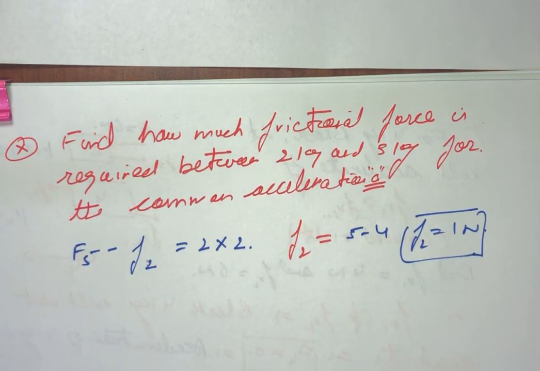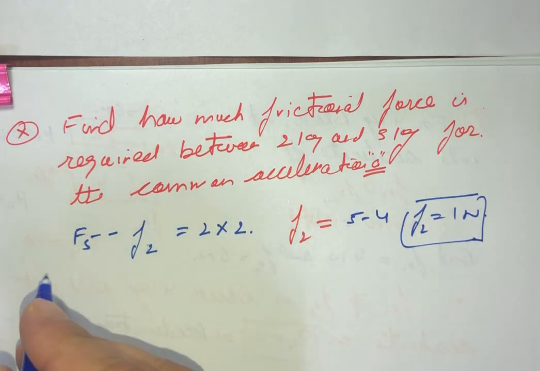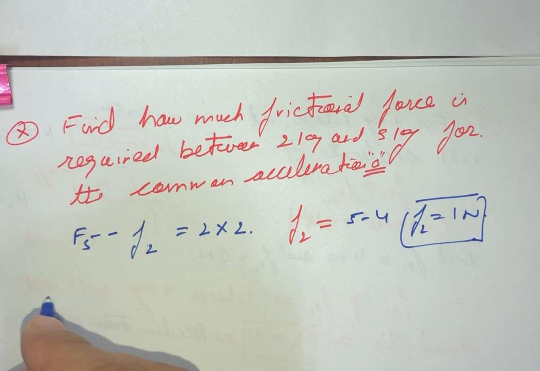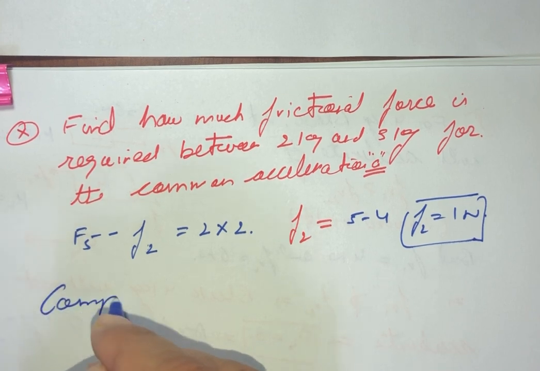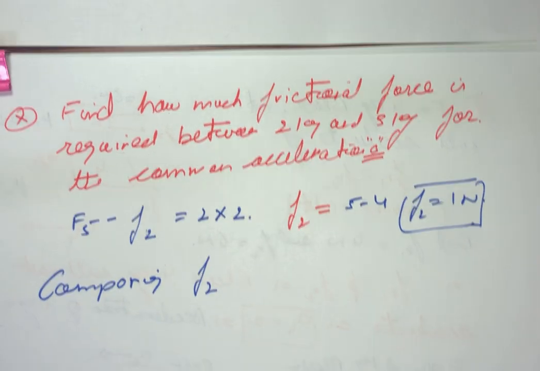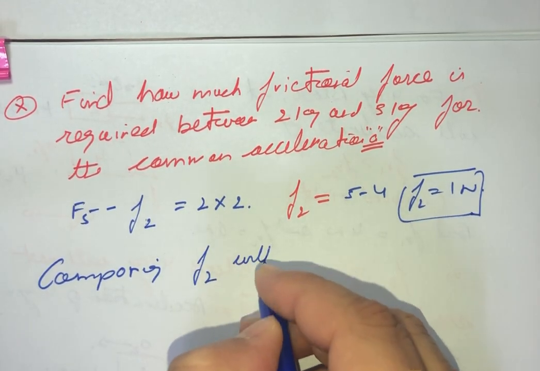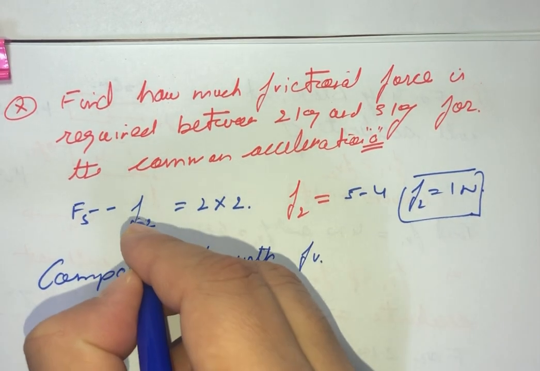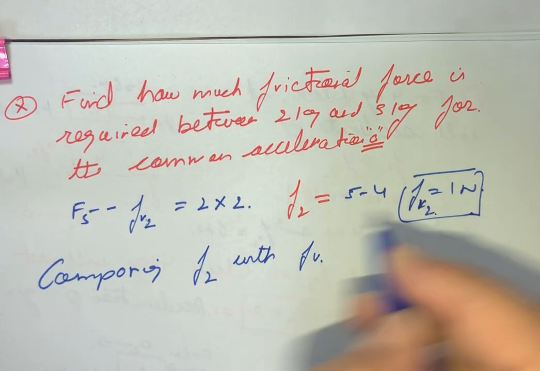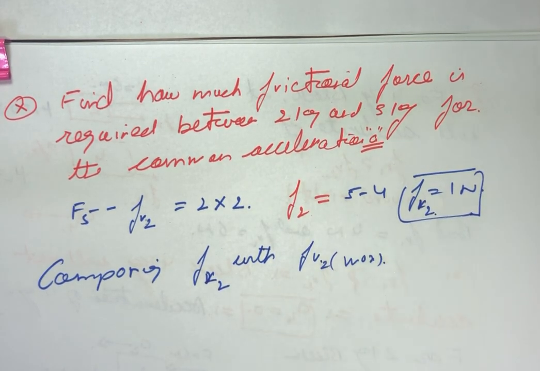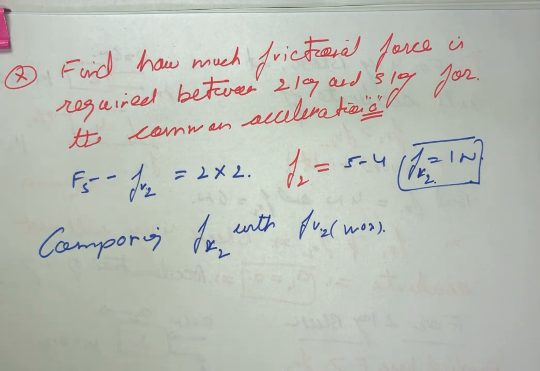So now comparing F2 with FR2 max, and we already know that FR2 max is 4 newtons.